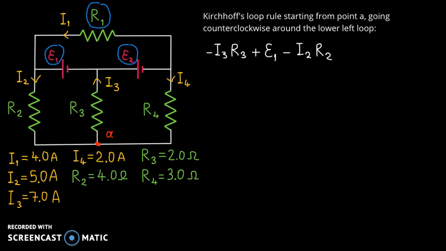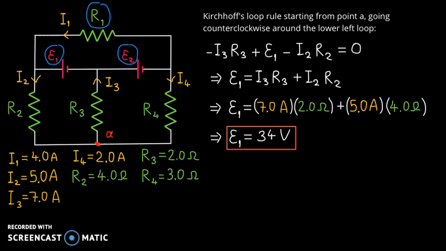After resistance R2, I move along the bottom branch from left to right, and there's no more circuit element until I get back to point A. So that's all we have. We set this equal to 0. Now let's isolate EMF1 and calculate its numerical value. We get EMF1 equals 34 volts.